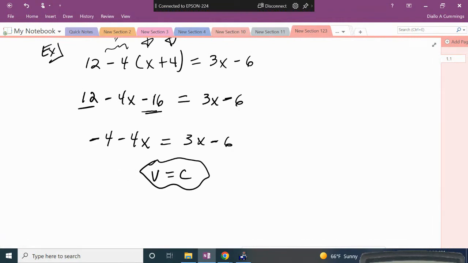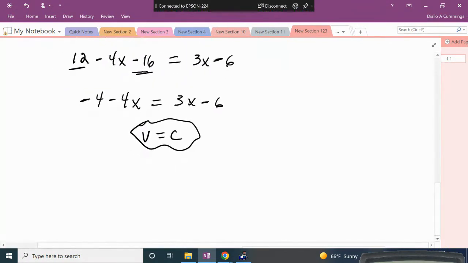My goal here is to put all my variables on one side and all my constants on the other side. It doesn't really matter if you put your variables on the left-hand side or the right-hand side. Here I'm just choosing to put the variables on the left-hand side. So I just want to look at my equation based upon my guide. If I look at my guide on the left-hand side, I only want variables.